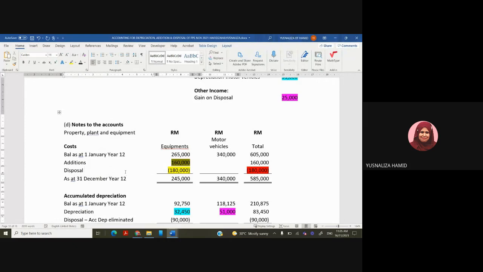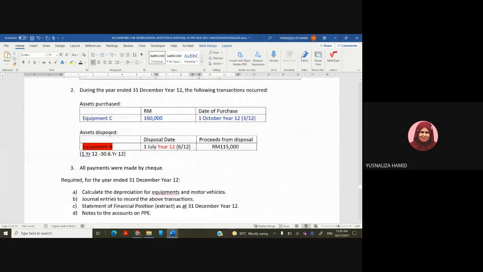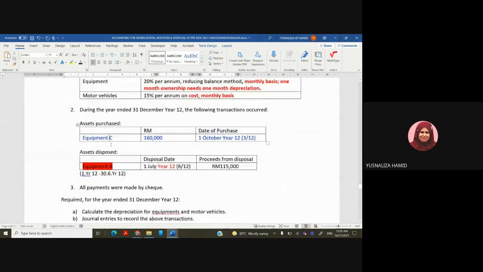Disposal here refers to equipment A. Addition refers to equipment C. Are you following me or not? What you add is equipment C. What you dispose is equipment A.